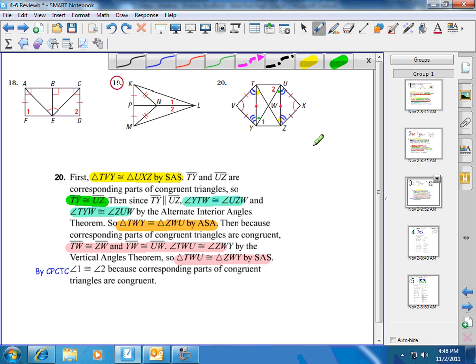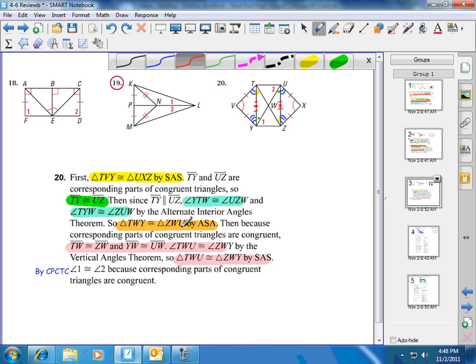And so, because these triangles are congruent, then this side here is congruent to this side here. So by angle side angle, we can say that triangle TWY and ZW are congruent.